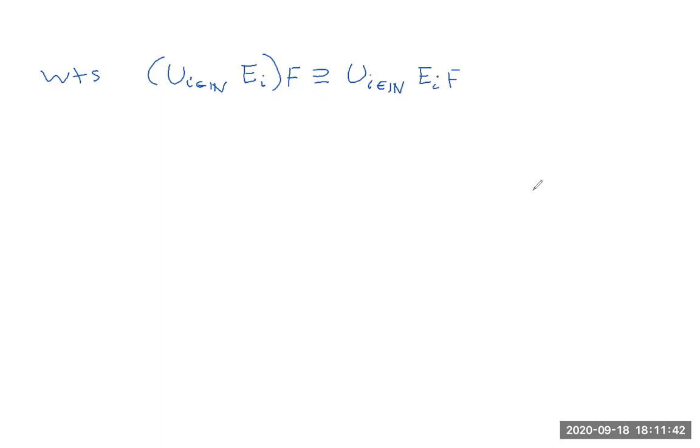We're going to assume that this right-hand set of events is non-empty and that x is a member of that event.